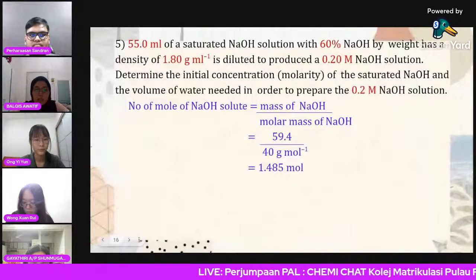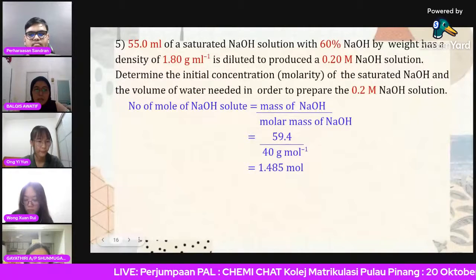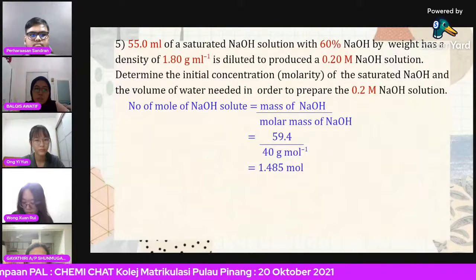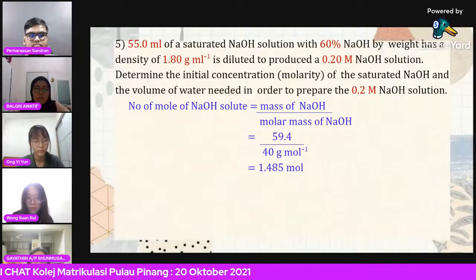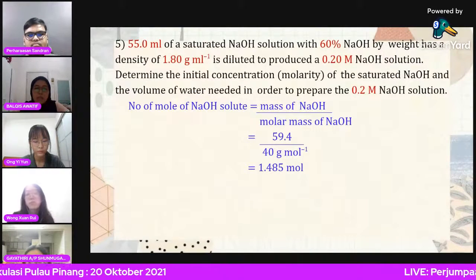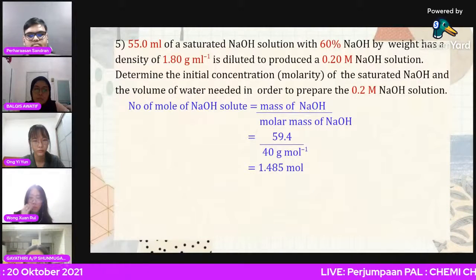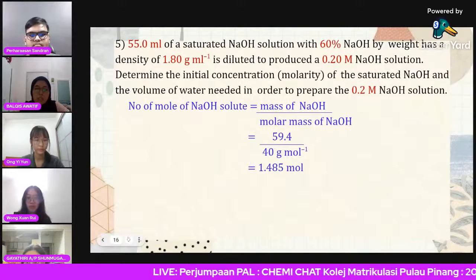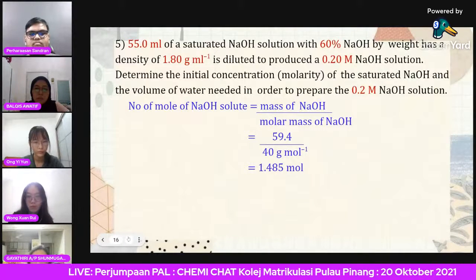Okay, next we're going to find the number of mole of sodium hydroxide solute. So we use number of mole of sodium hydroxide solute equals mass of sodium hydroxide per molar mass of sodium hydroxide. The mass of sodium hydroxide is 59.4 per 40 gram per mole. How do we get this 40 gram?